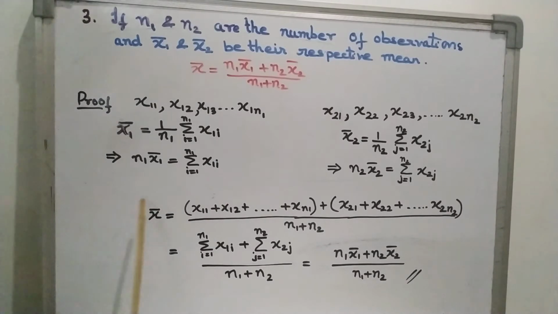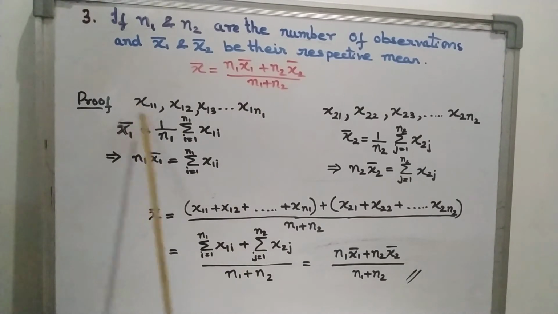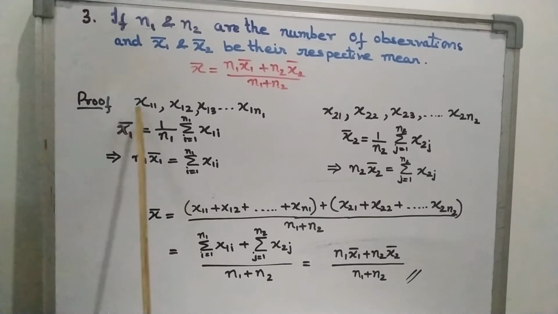Now let our combined mean be denoted by x bar. As we know how to find the mean, if two series are there and we combine them, we add all the elements of the two series. So first we write the elements of the first series plus the elements of the second series, then divide by the number of observations, which is n1 plus n2, because it is a combined mean, so we add the number of observations of the two series.